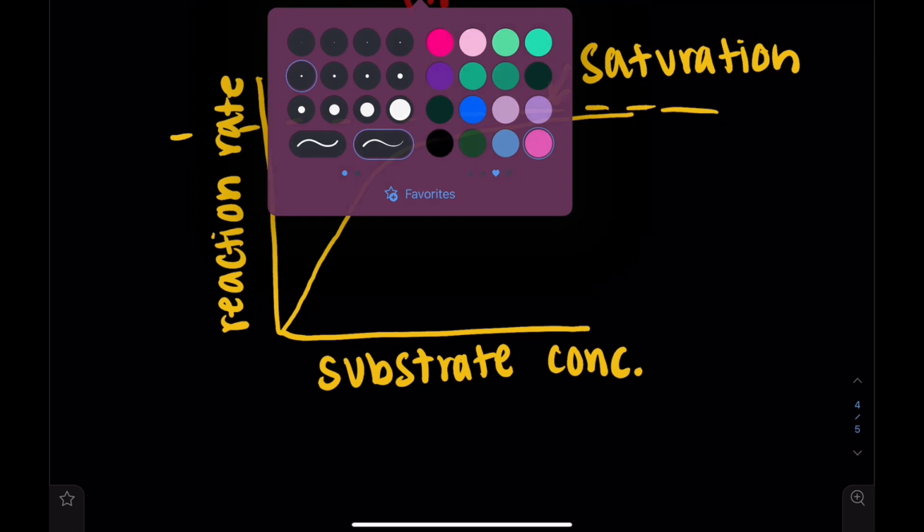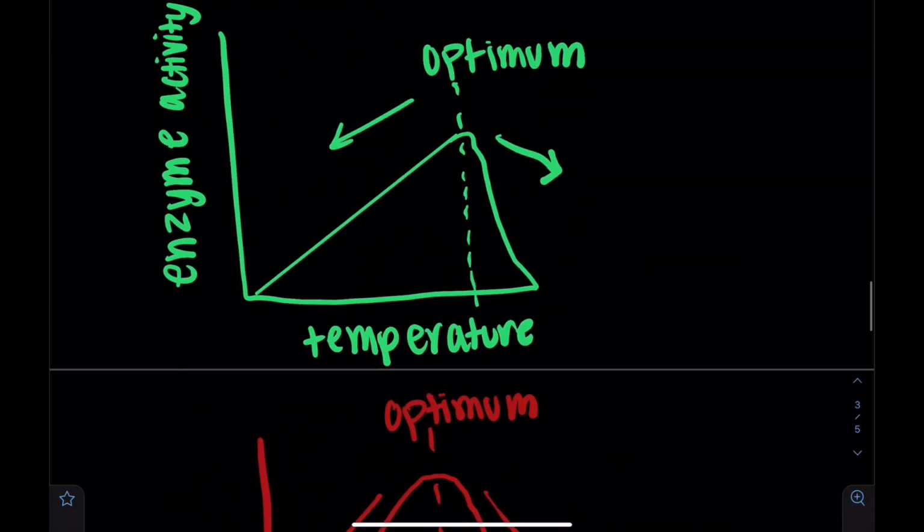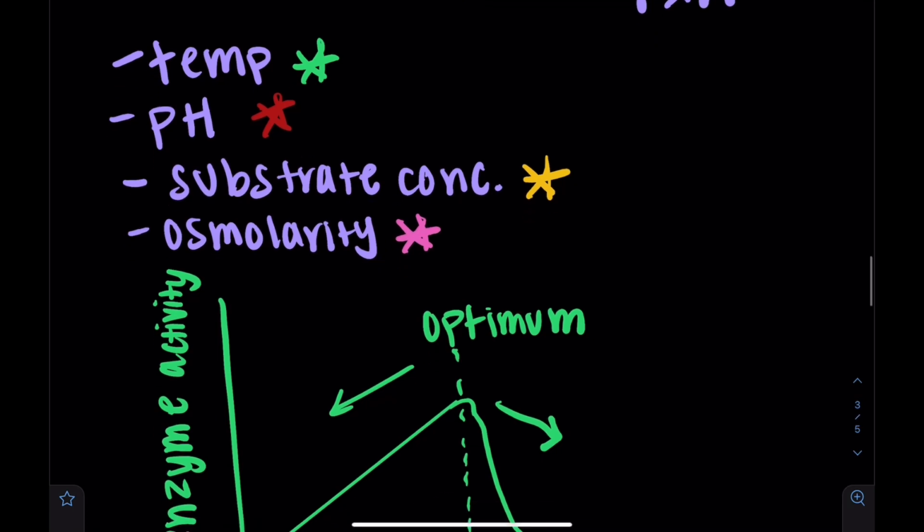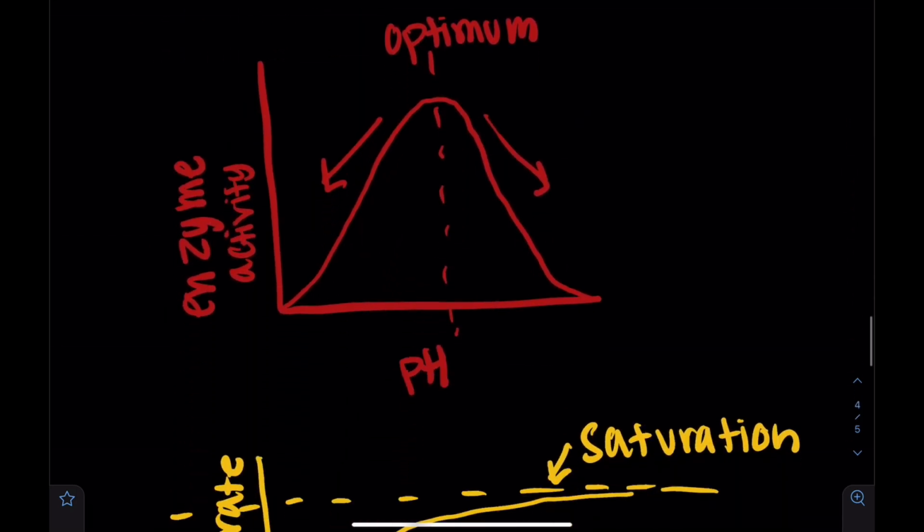All right, and now let's go ahead and talk about how osmolarity affects enzymatic activity. So if you have extremely high osmolarity, that means you're going to have high solutes and high salts. That is absolutely going to affect the enzyme activity.